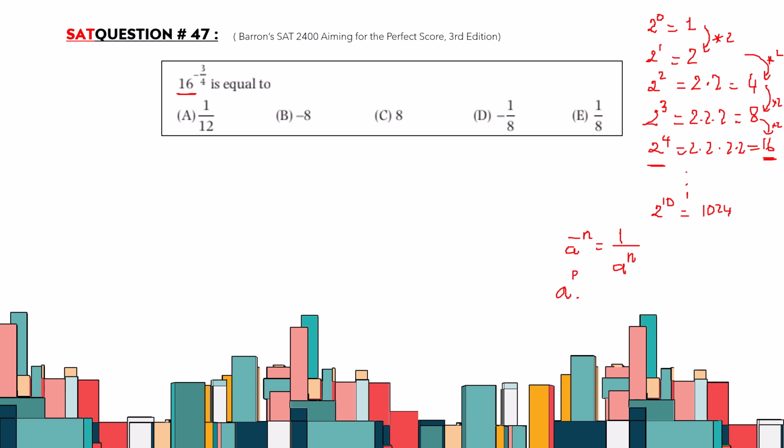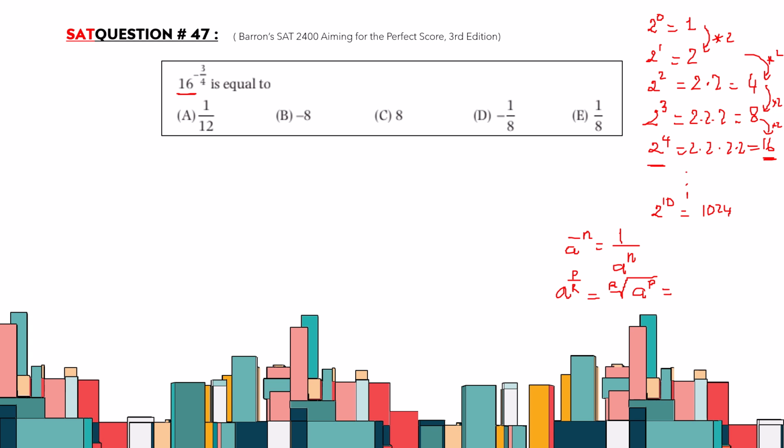We have powers over roots: the r-th root of a to the power of p, where the power is at the numerator.